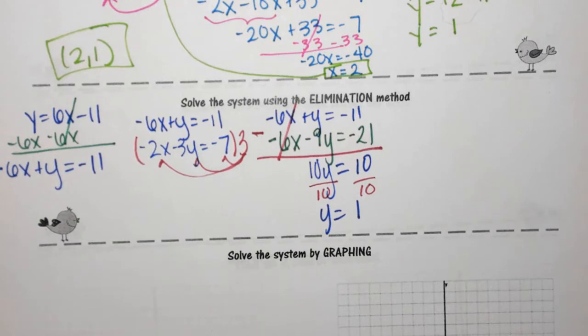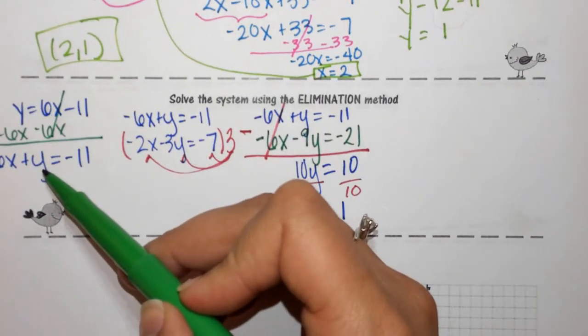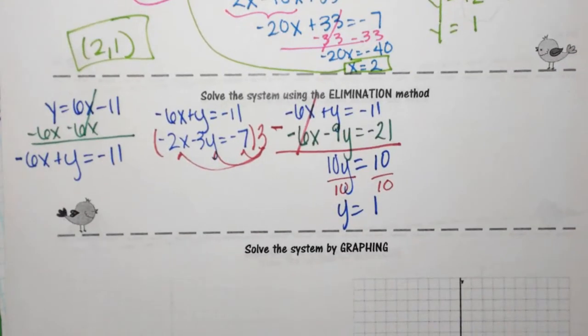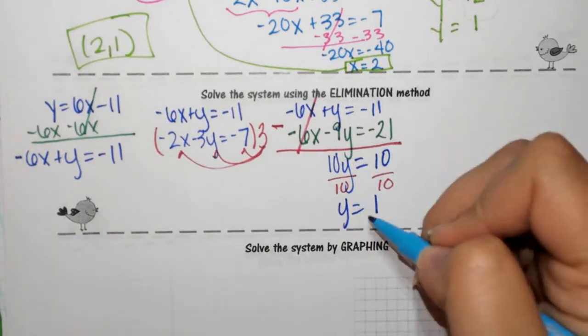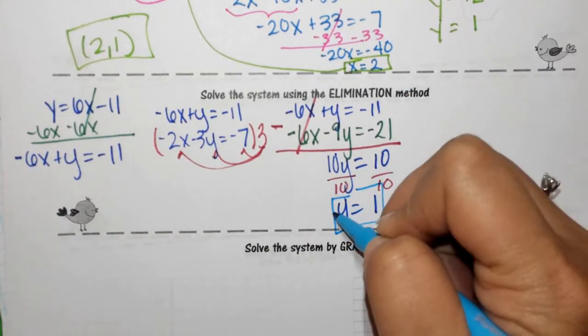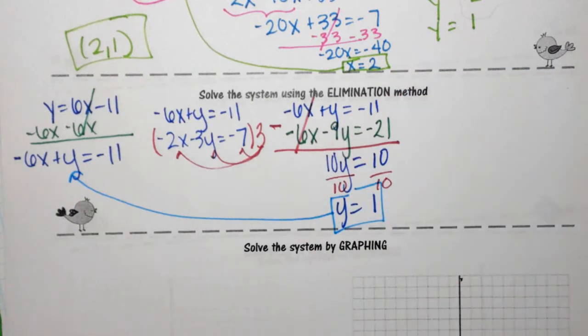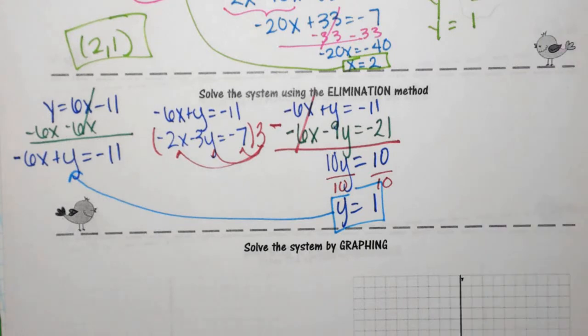What else do we need? We need x. Does it matter where we plug it in? No. We could plug it in right here, couldn't we? And it doesn't really matter. So I want to take this y, and I'm going to put it right here, where the arrow is drawn to the y. Who thinks they can help me do that?